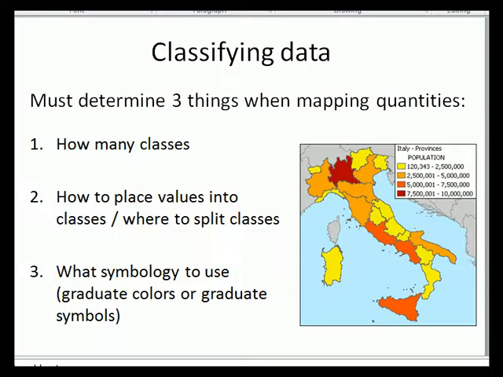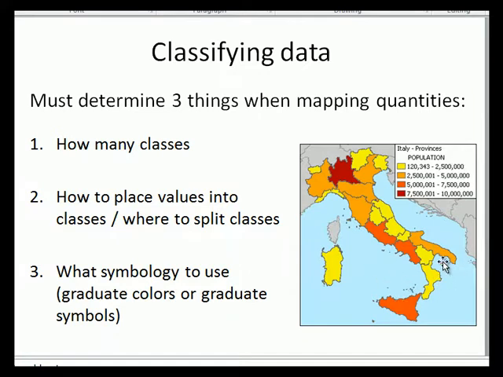Here's an example that shows population within Italy, some different provinces, and what they've done is they've grouped polygons that have similar values into this yellow class between 120,000 and 2.5 million.